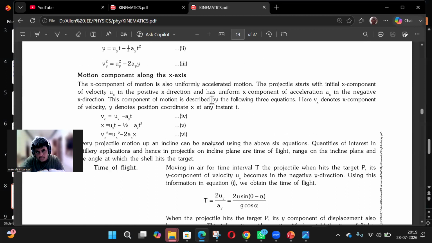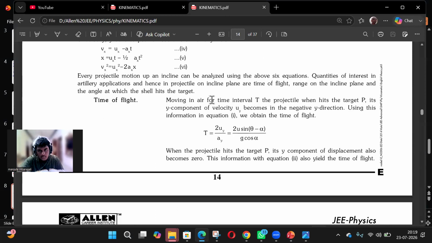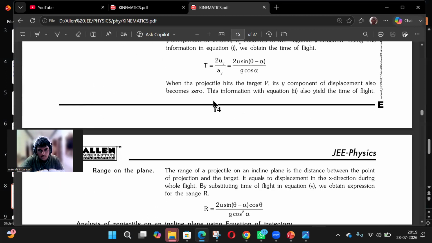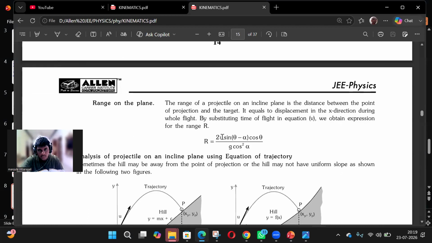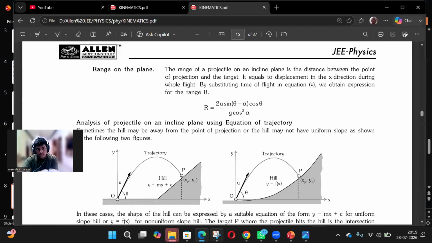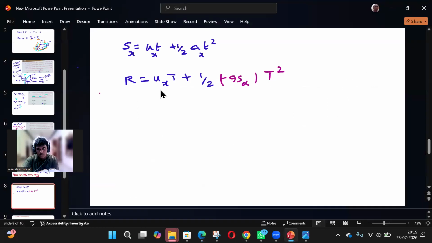Once I know the flight time, I'll use the x direction, s equal to ut plus half at square. t is the total flight time, ux is known, ax is known. From that, you get the range, you have to simplify. This is the basic idea. So from this, you'll be able to solve problems.